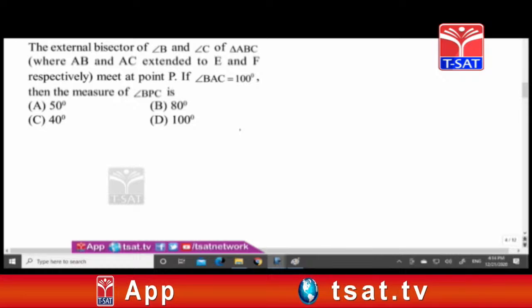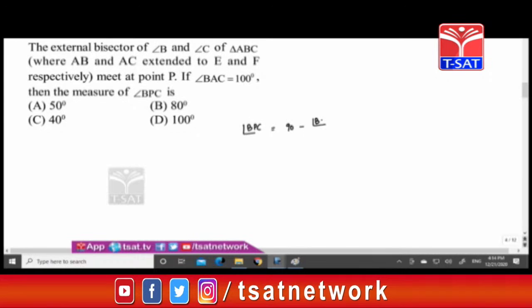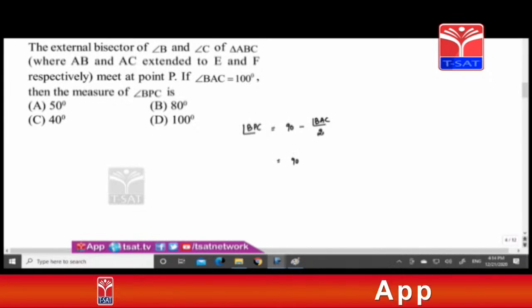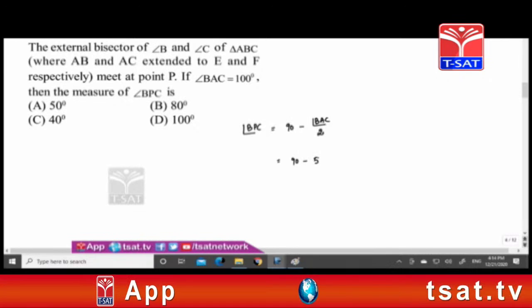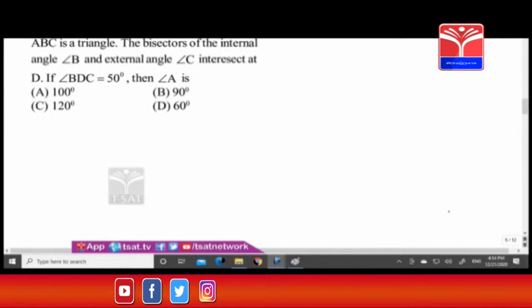We know when two external angular bisectors meet, angle BPC is equal to 90 minus angle A by 2. So here it is 90 minus 100 by 2, which is 50, and 90 minus 50 is equal to 40. So this question is also based on the external bisector. Look at the next question here.